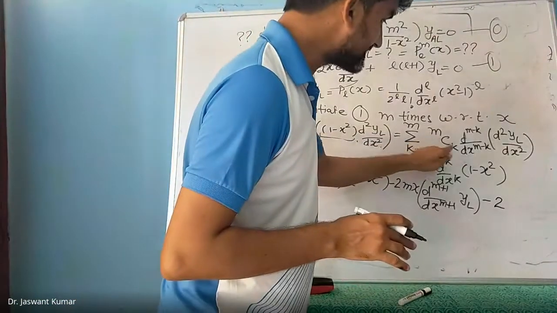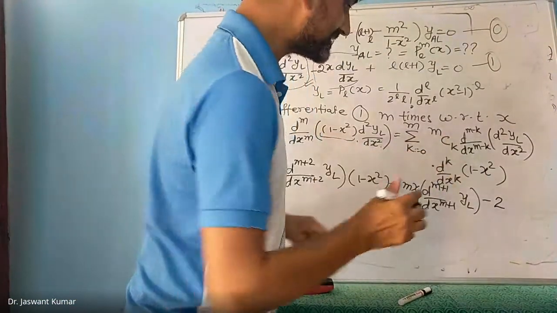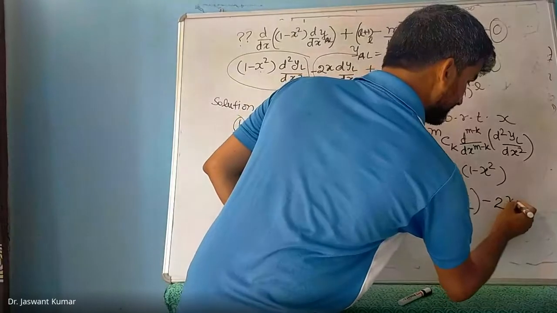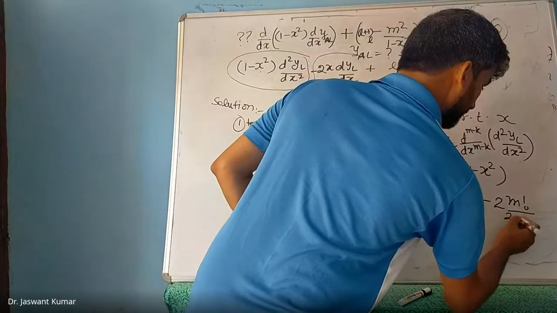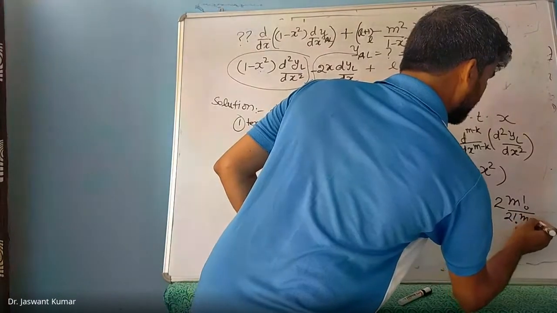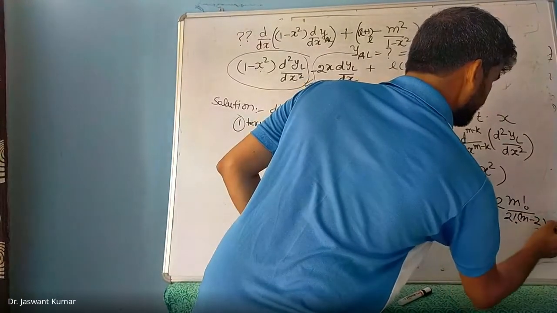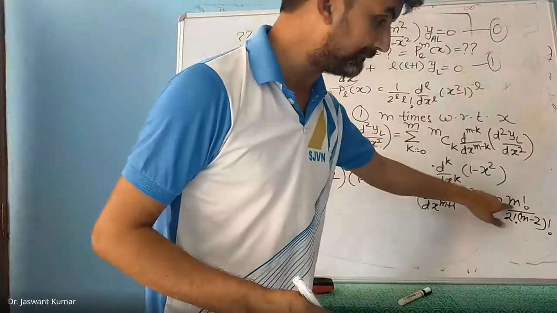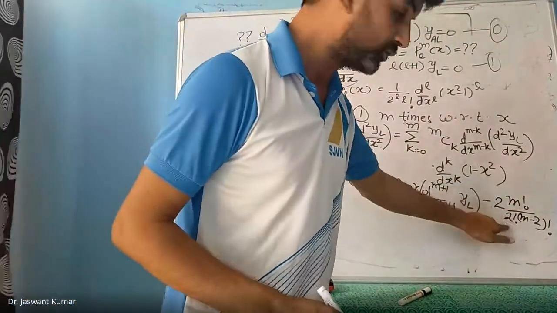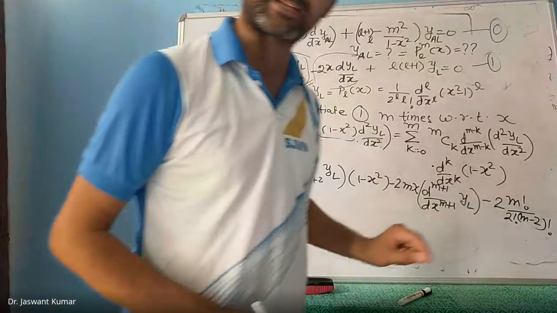Now we calculate this mC2. mC2 we know is m factorial by 2 factorial into (m minus 2) factorial.